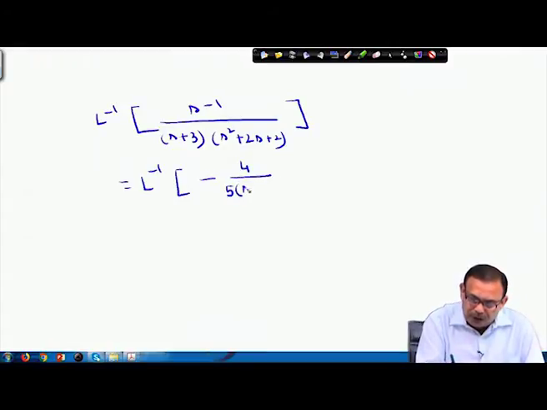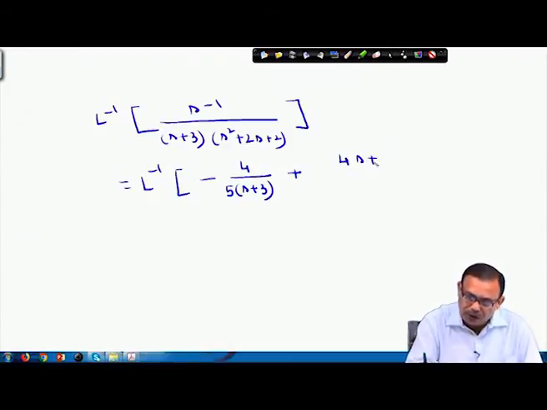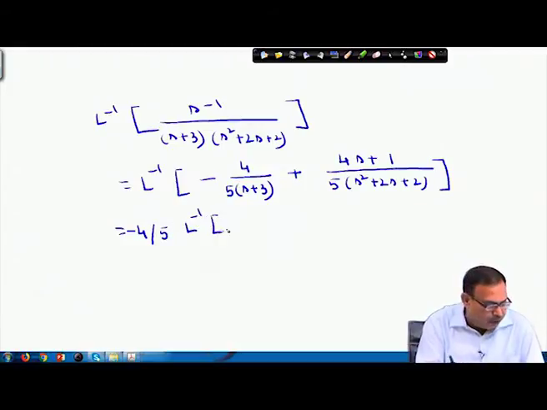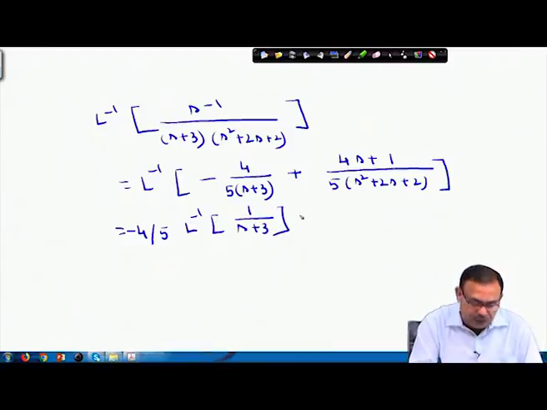5 into s plus 3. Again I am skipping this one; we have done this in the case of differential equations also to find the solution. And 5 into s squared plus 2s plus 2 we are writing. Now this I can write as 4 by 5 can come outside, Laplace inverse of 1 by s plus 3, whose Laplace transform you know, plus 1 by 5 Laplace inverse of this.